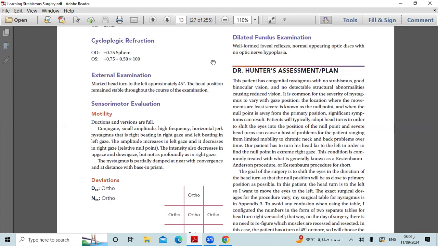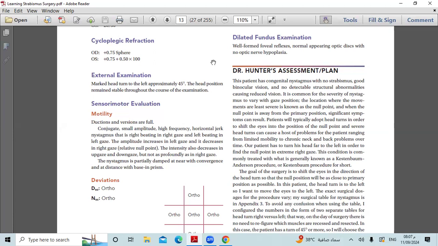And you should mention if the nystagmus decreases or increases with some things, like convergence, fixation, or in some gazes, like right gaze, left gaze, up or down. A lot of these things should be mentioned in the characteristics of nystagmus.